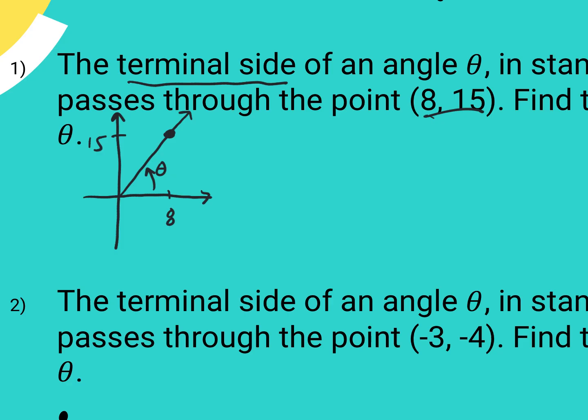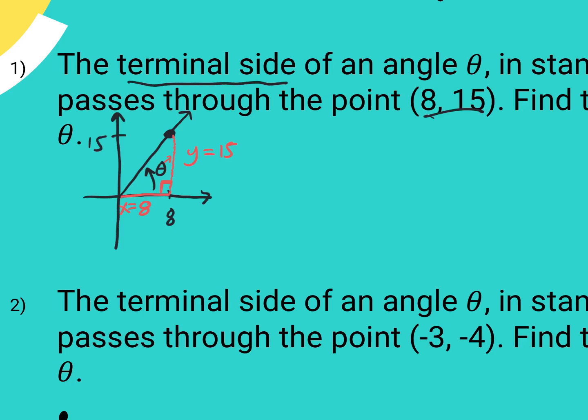Now, if I take that point and drop it so that it touches the x-axis, notice that we have a right triangle now. Again, if you think about SOHCAHTOA, the opposite of this angle is going to be your y value, and your y value in this case is 15. Your adjacent is this horizontal distance, which is the x value, so x equals 8.